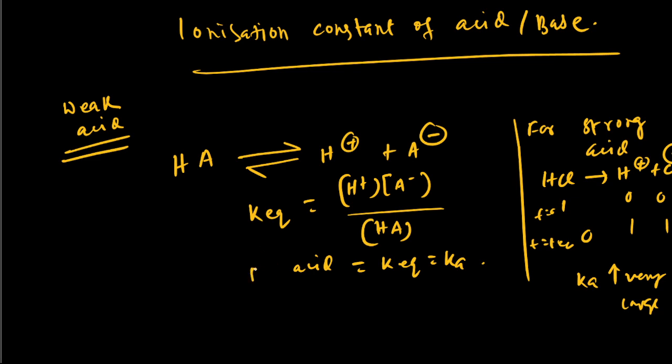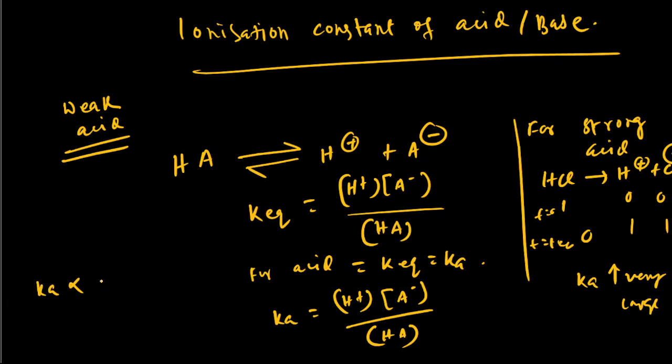So for weak acids, Ka is H plus times A minus divided by HA. Notice that Ka is directly proportional to the concentration of H plus.